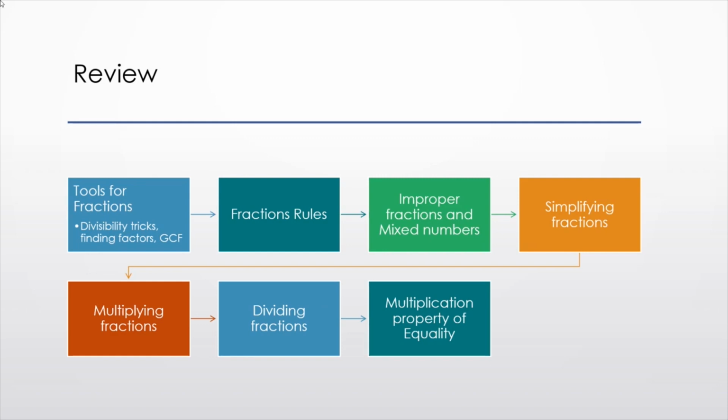So just keep that in mind. With multiplication, we saw that you can simplify first, cancel things out first, and then just multiply across, which makes it easy. Dividing fractions, we learned keep it, change it, flip it, which changes it from division to multiplication.